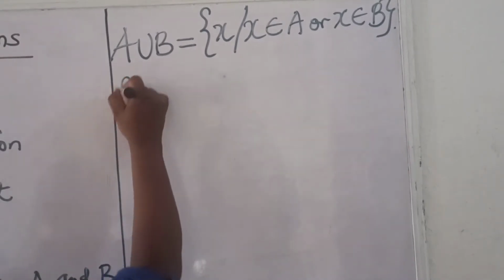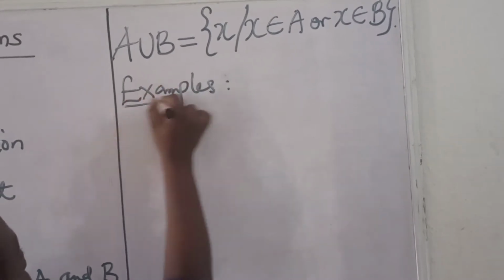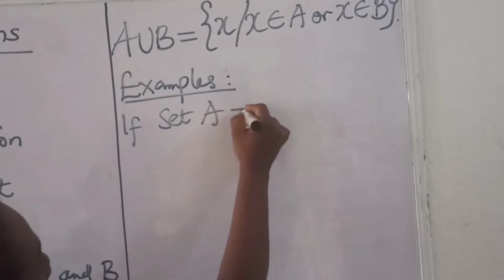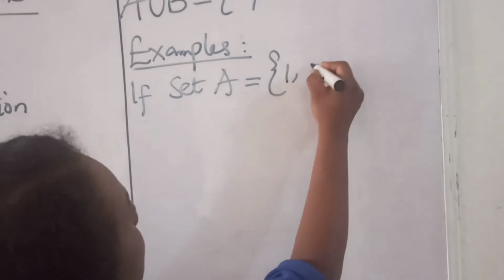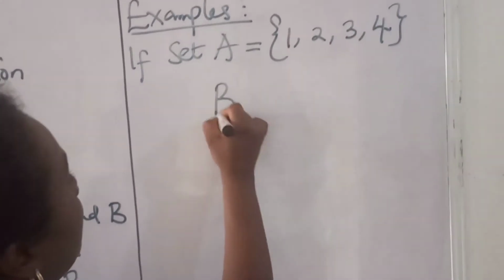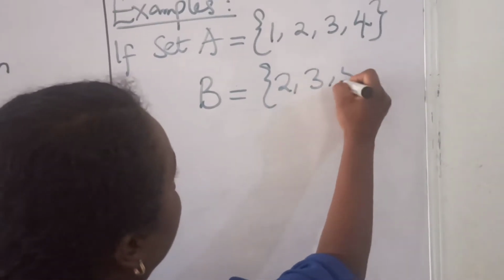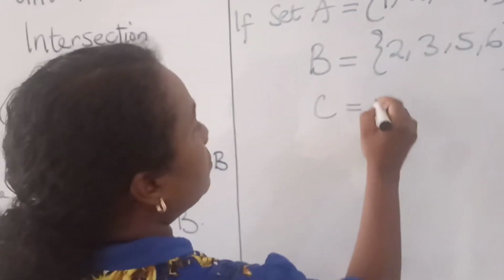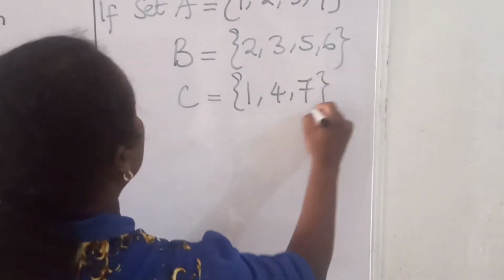Now let's look at some examples on union. If set A is equal to 1, 2, 3, 4 and B is equal to 2, 3, 5, 6, C is equal to 1, 4, 7.